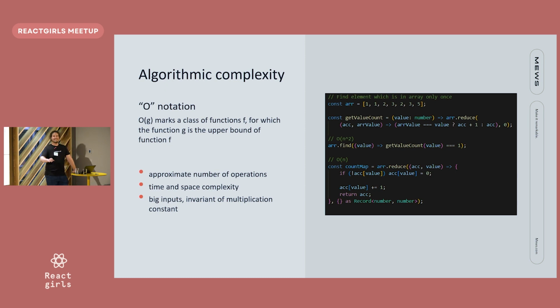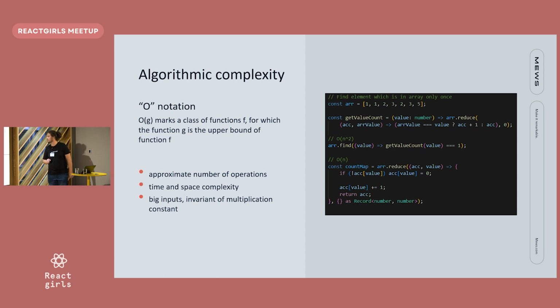To shorten it up, it's really helpful to measure time and space complexity, and we use it to approximate the number of operations of an algorithm. Approximate means the orders of magnitude and so on.